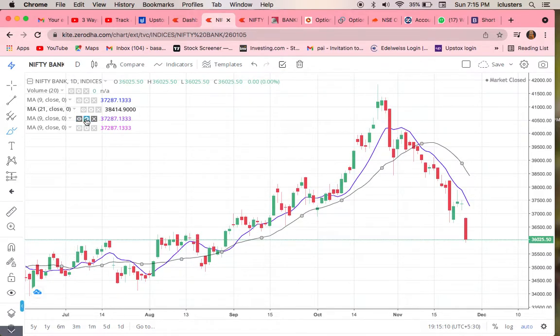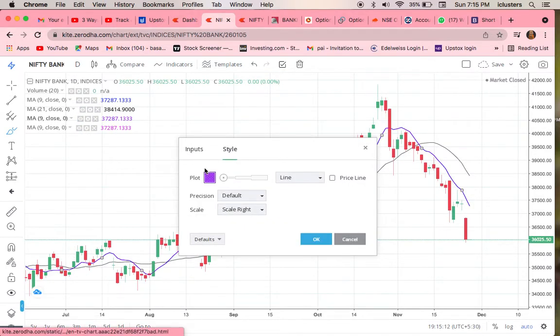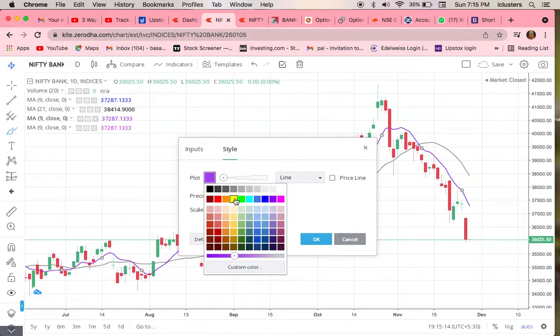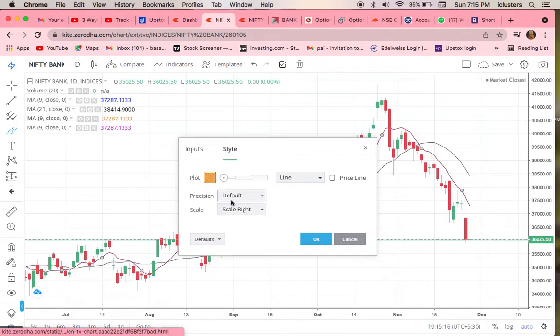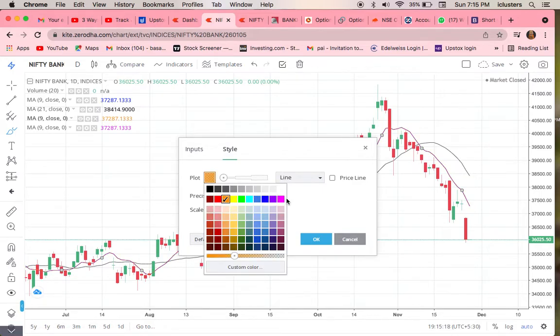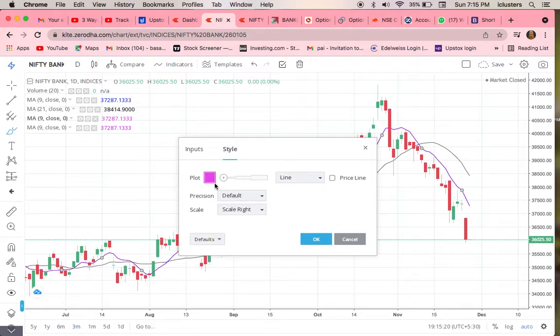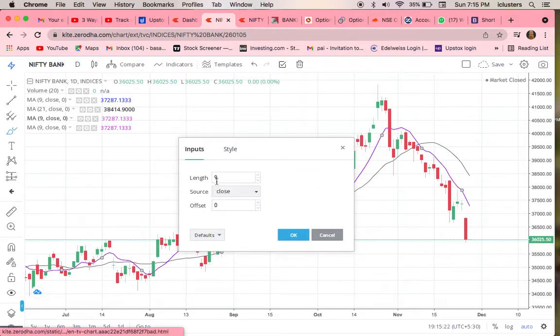The third one we also want to change. In inputs, delete 9 and enter 50 days moving average.